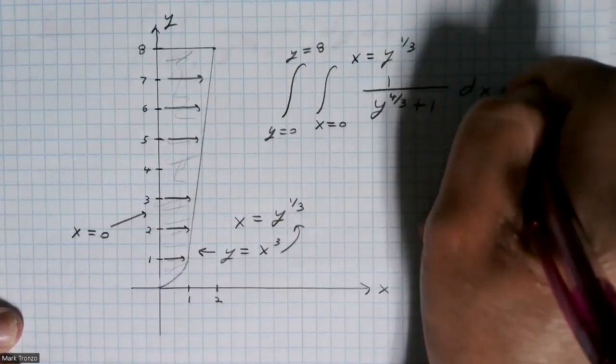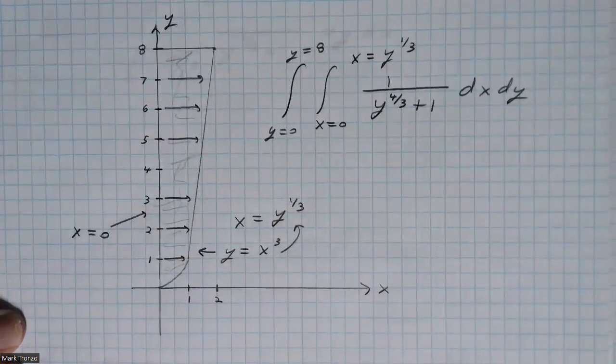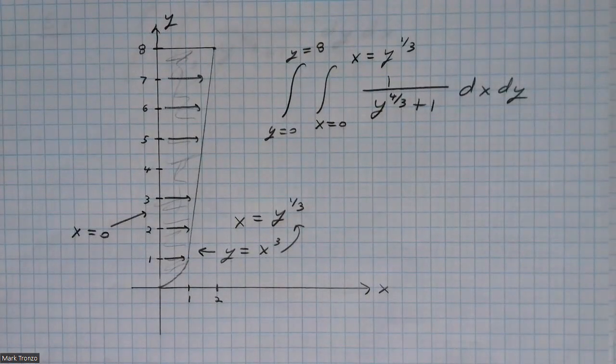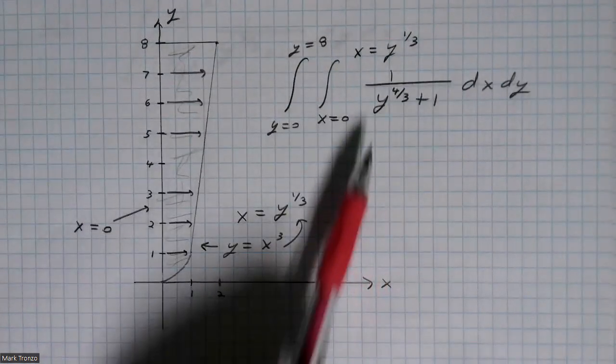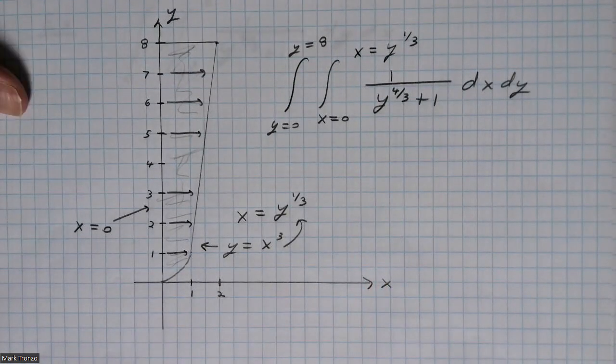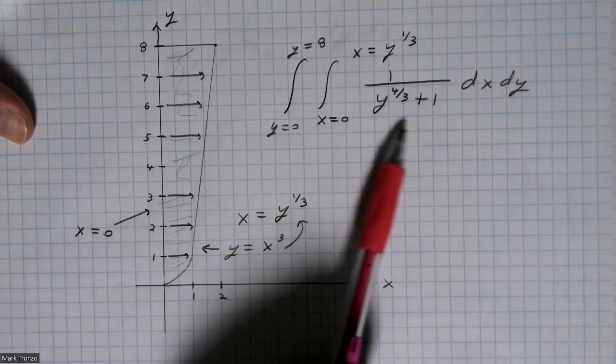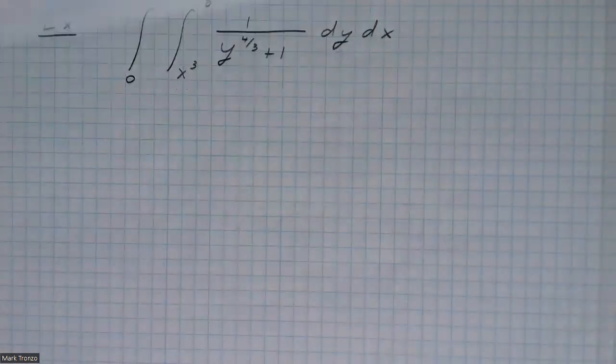Again, we're doing x first this time, like that. So that's going to be the integral. That's the most important part, to set up the integral. And now you're going to wonder, okay, is this really going to help? So let's see if we can evaluate this.